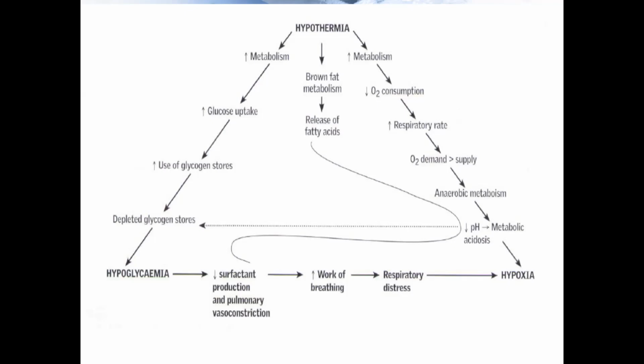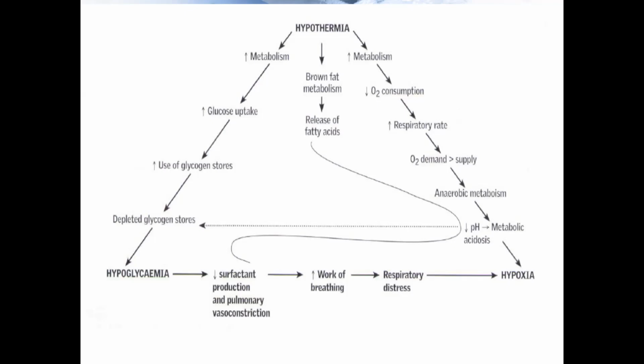So they become hypoglycemic because they're using up the fat that they have, the brown fats, which causes them to use up whatever energy they have, and they become in distress, right? Okay, so they have this hypothermia, and that's going to increase the body's metabolism, right?